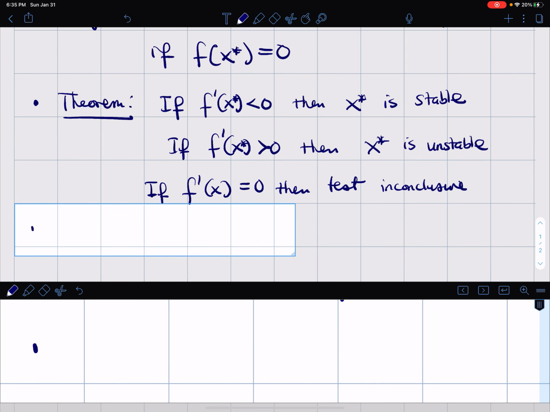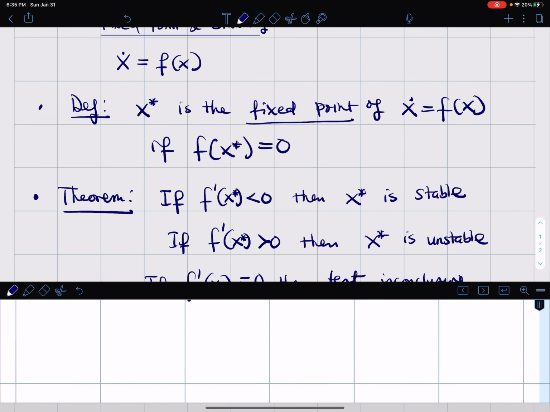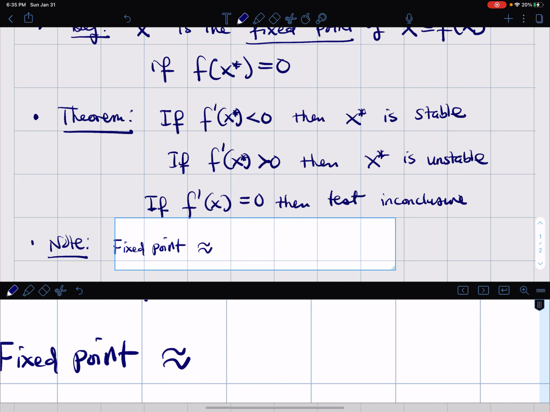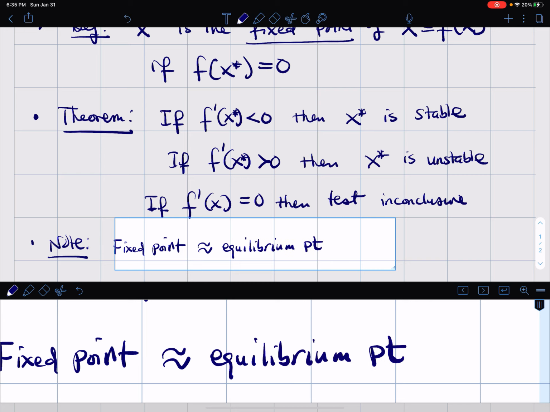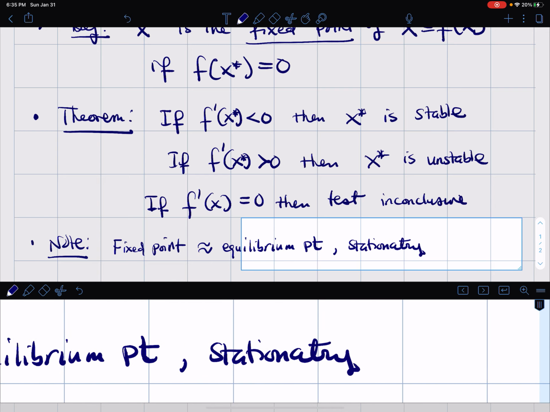So I just want you to note that when we say fixed point, we can also use the words equilibrium point, or stationary point.